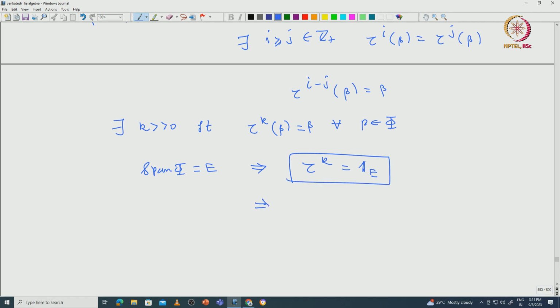So, this means the minimal polynomial of tau must divide x power k minus 1.